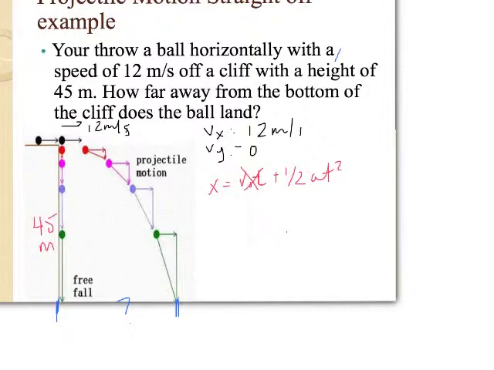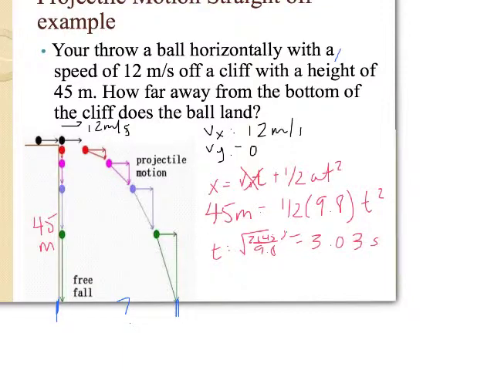So really, our height, 45 meters, is equal to 1/2 times, since we're falling, positive 9.8 times t squared, which ends up being t equals the square root of 2 times 45 divided by 9.8, which calculates out to be 3.03 seconds. So now we have our vertical figured out.